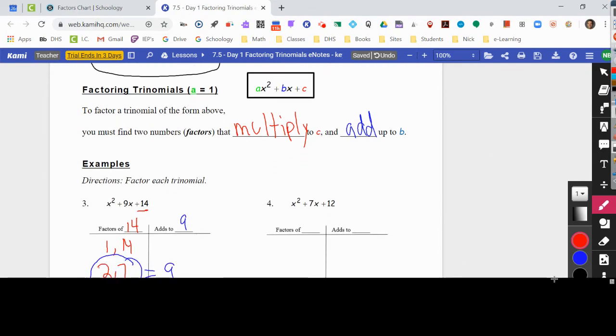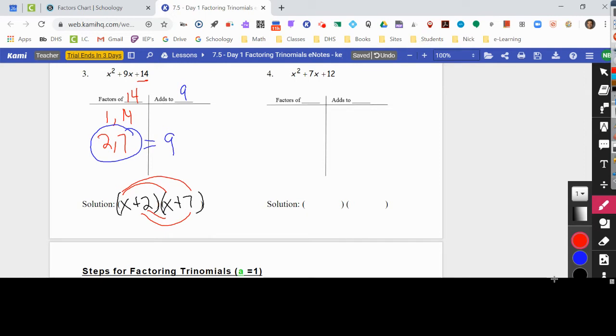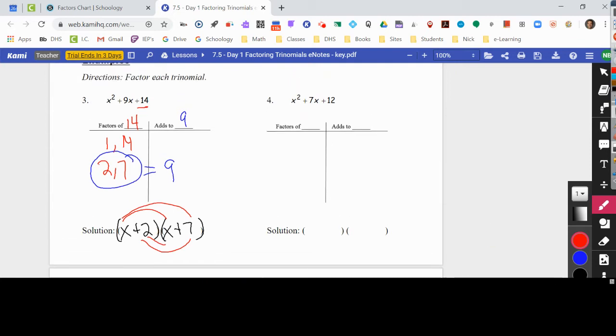We're starting with a trinomial, and now we want to break it down into 2 binomials. Hopefully you'll begin to see the pattern here, that these trinomials will always break down into 2 binomials. I know I'm throwing a lot of language at you, but with some practice, you will get this down in no time.